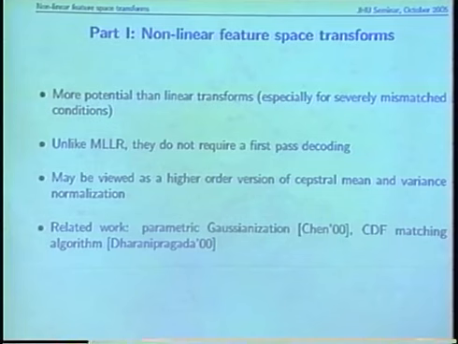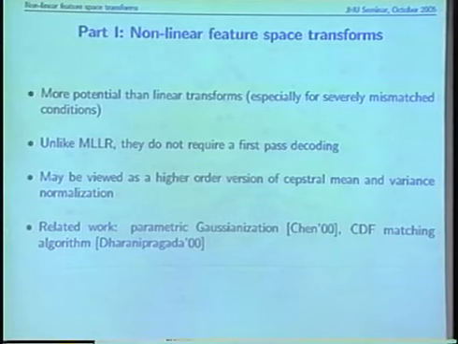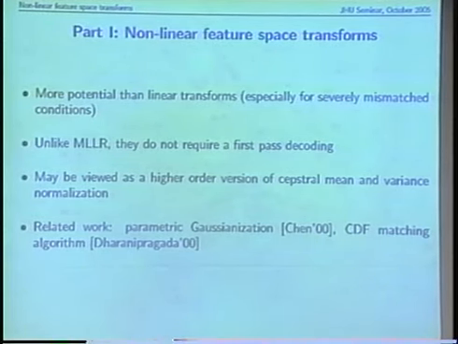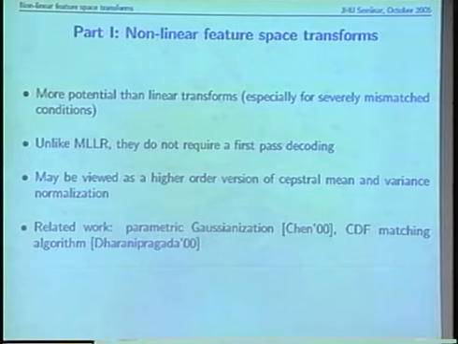Okay, so for the first item, the idea behind nonlinear feature space transforms is that in principle they have more potential than linear transforms, especially if you take speech that was recorded in a car at 60 miles per hour. The characteristics of the features for that speech are highly different than, say, clean speech.